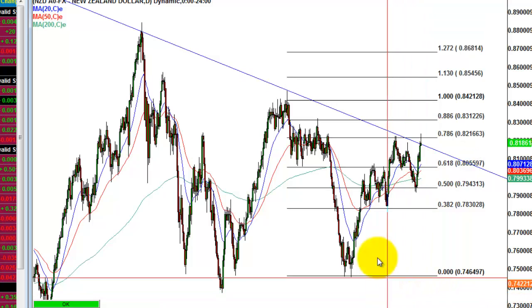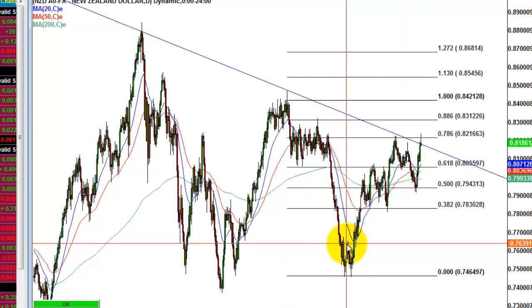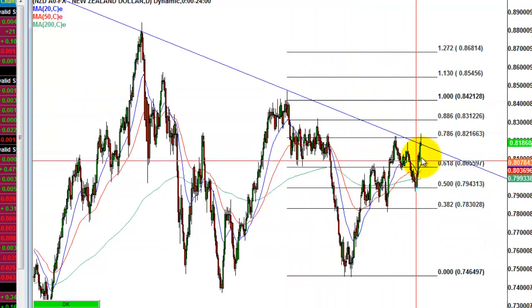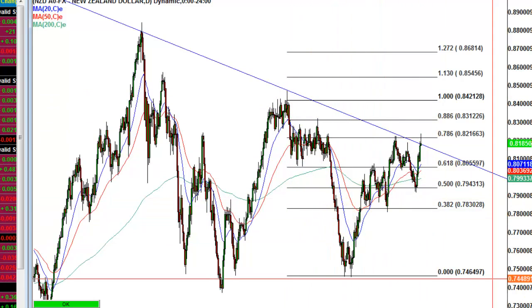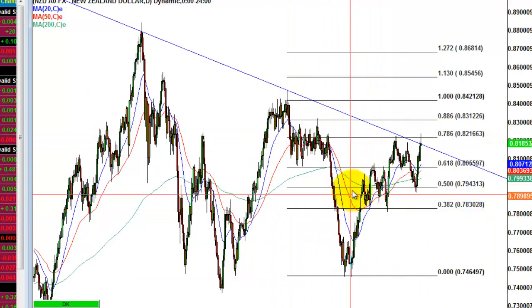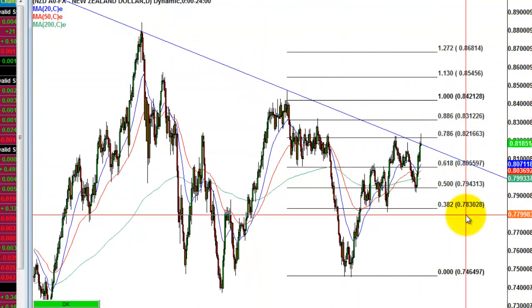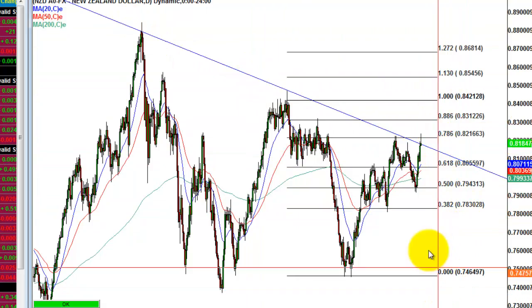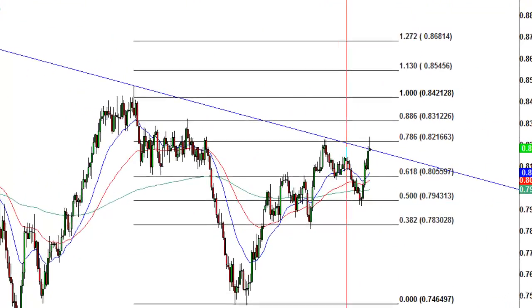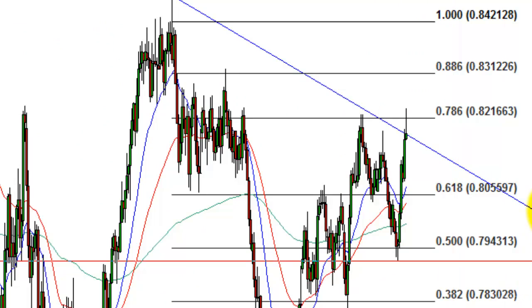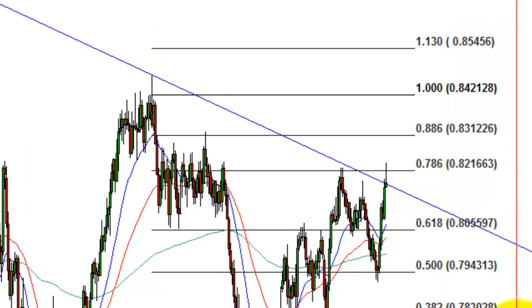However, that's fine. To be respecting one Fibonacci number from the most recent move down and move up is absolutely okay. No problem. And the fact that it's corresponding with the trend line as well is a bonus, but we just want today's bar to be actually closing below the trend line. That's the crucial element to it, because if it closes above the trend line, then the trend line is invalid.